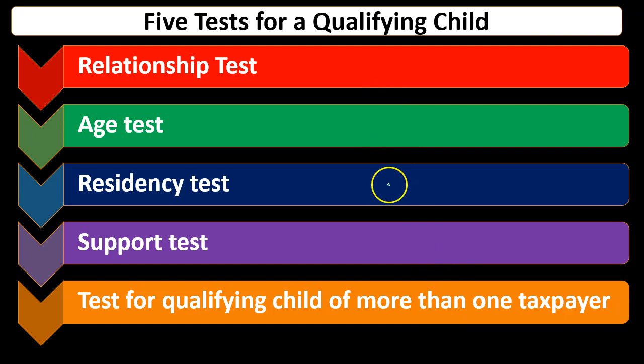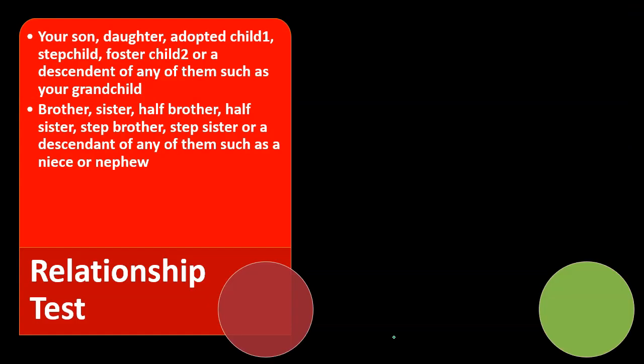Note, these first 4 are the general tests you would have: relationship, age, residency, support. And then in that situation where you might have a divorce or some situation where the dependent may be qualifiable possibly for multiple individuals, again, you're going to have to figure out where that dependent will be claimed. Taxpayer only allows one tax return to be claiming a dependent.